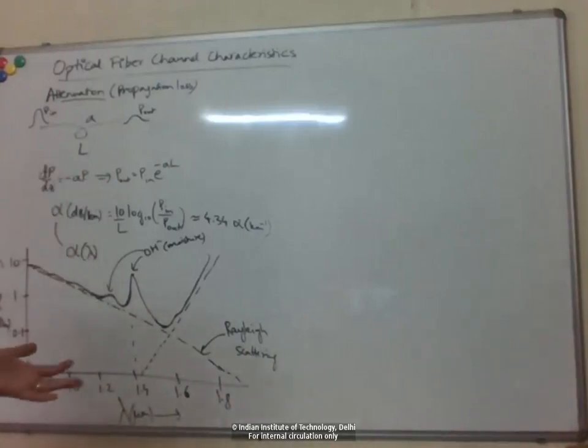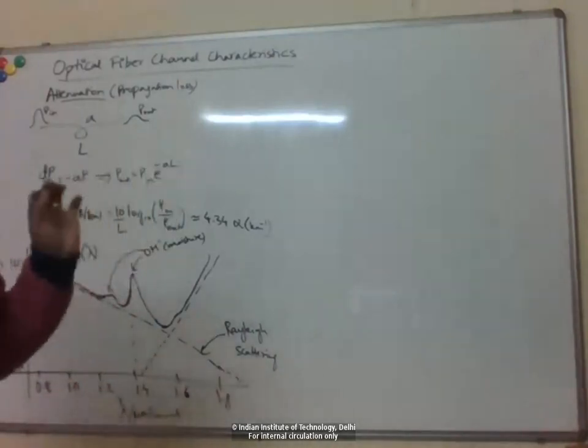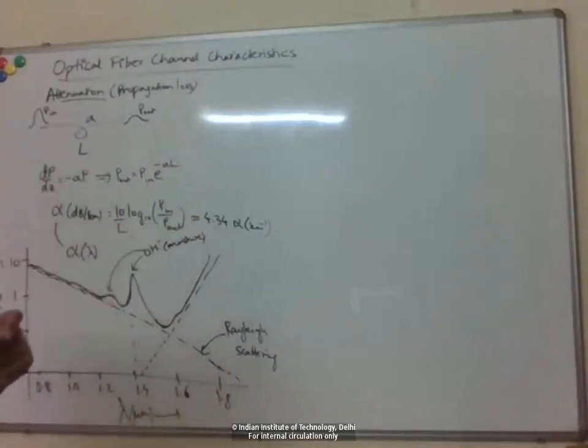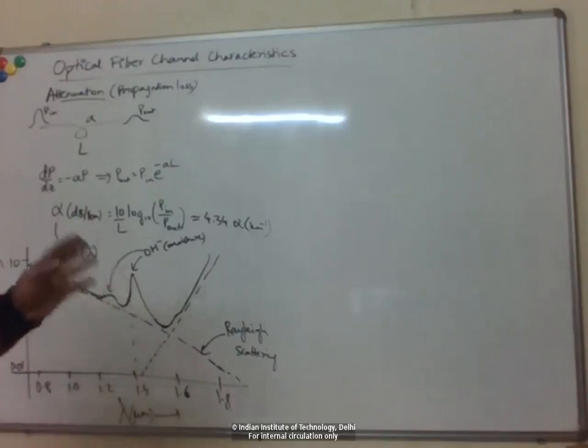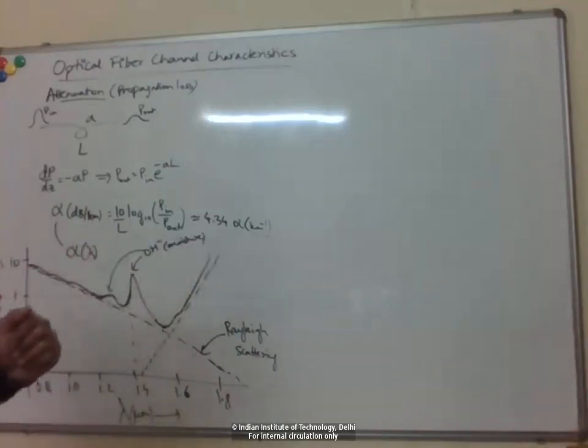Contrast this with a perfectly crystalline solid, where the atoms are exactly placed according to some lattice structure. There the density is constant, with no variation.